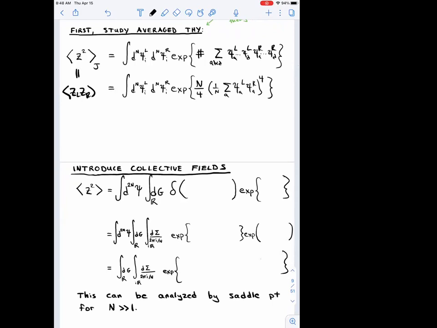We include a new integration variable, g, and we insert a delta function that says that g has to be equal to this sum of these fermions. And then we just put g in the exponential. So we did nothing very interesting there. We just introduced a g variable with a delta function that says it's equal to this Grassmann bilinear. And then we replaced the Grassmann bilinear that used to be up here in the exponential.